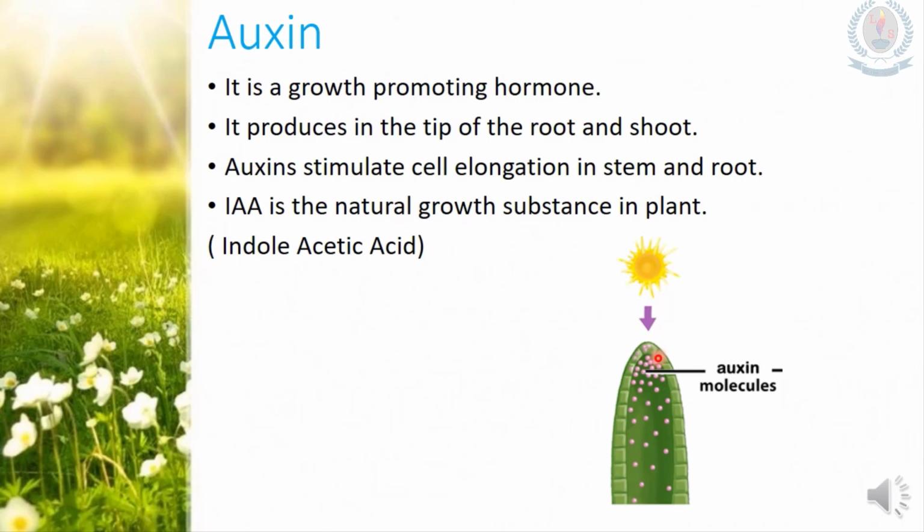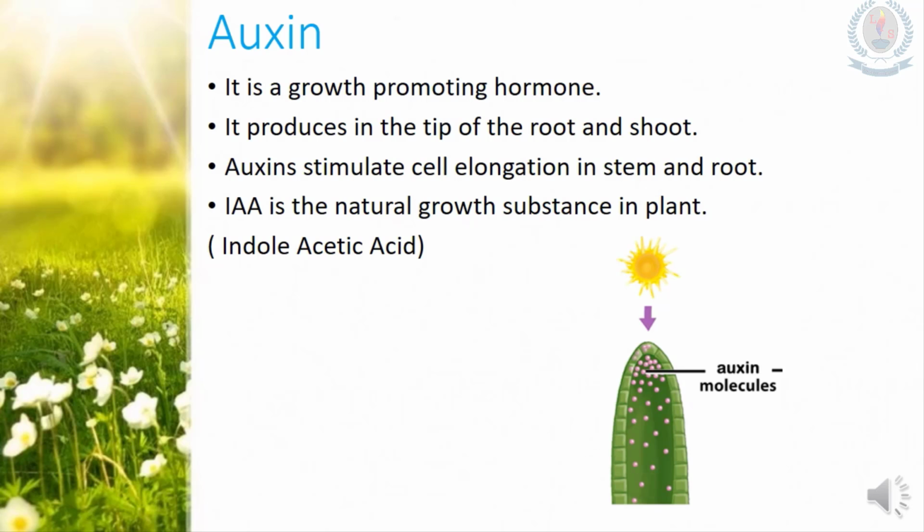When the apex is getting sunlight at the top, what happens? These auxin molecules are pushed downwards because they like to be on the shady side, stimulating the cells in the stem to grow and increase in length. That is what we call cell elongation, increasing the length of the cells.